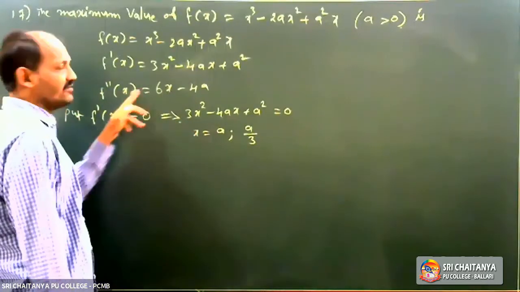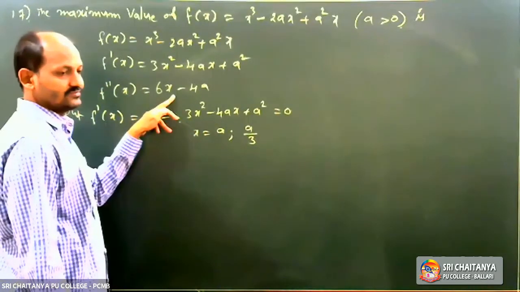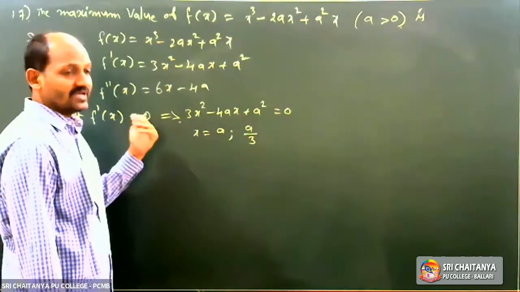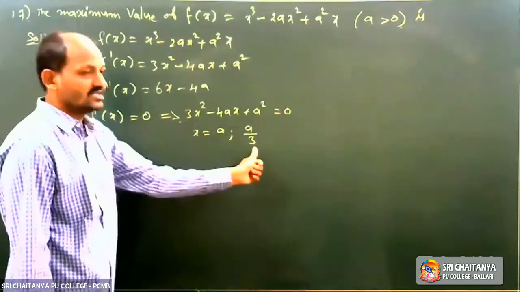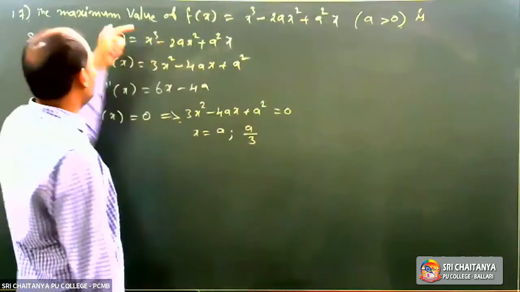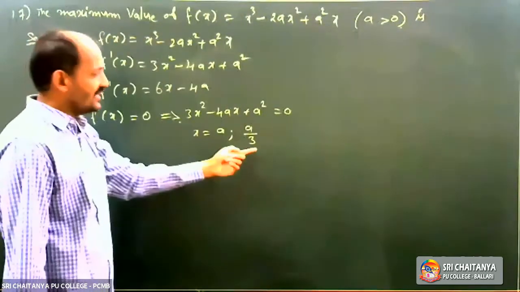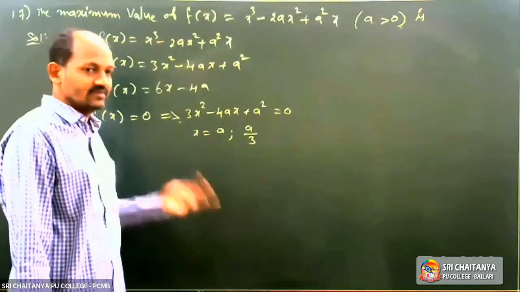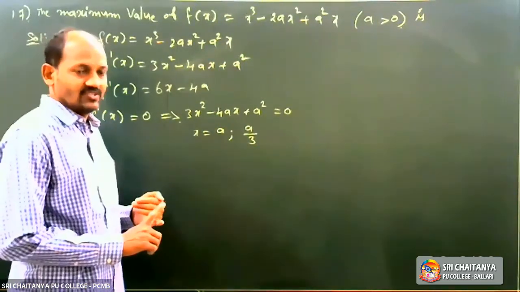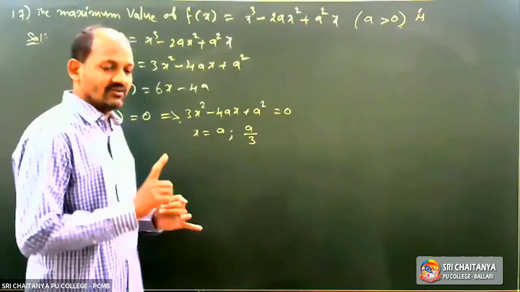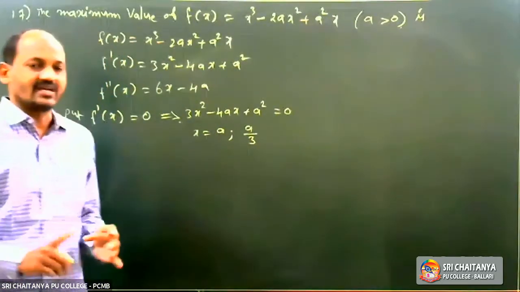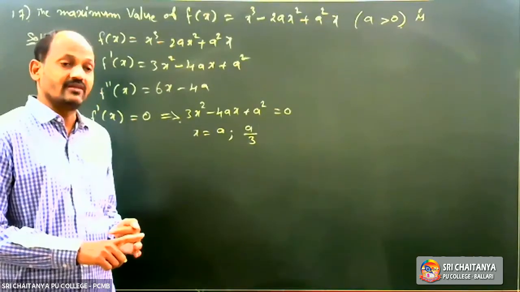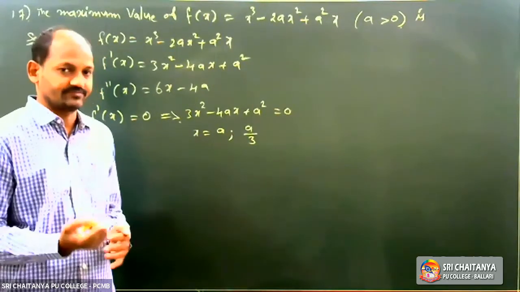That means the second order derivative is negative, so it has a maximum at x equal to a by 3. To find the value, substitute a by 3 in the given function, we get the maximum value. First derivative positive means increasing, first derivative negative means decreasing. Second derivative positive means minimum, second derivative negative means maximum.